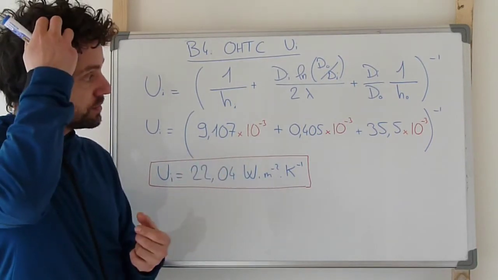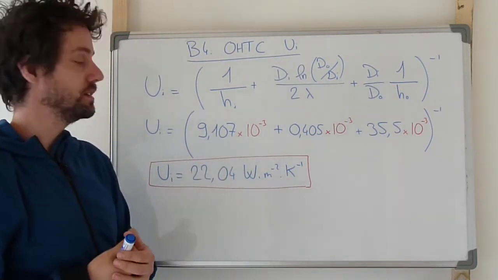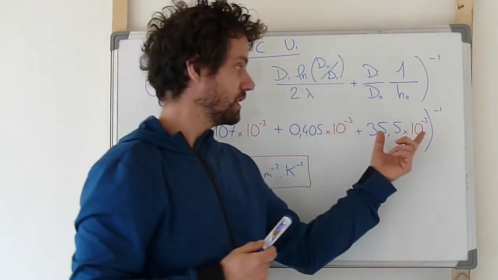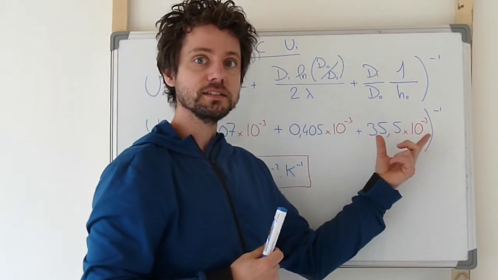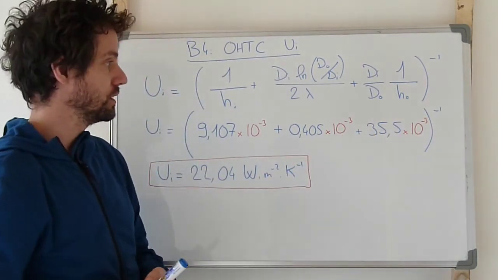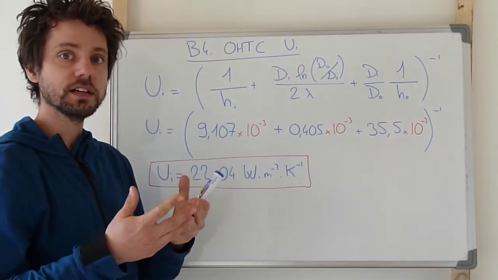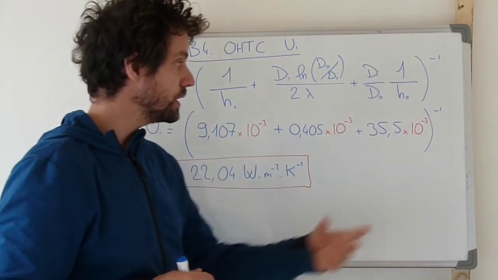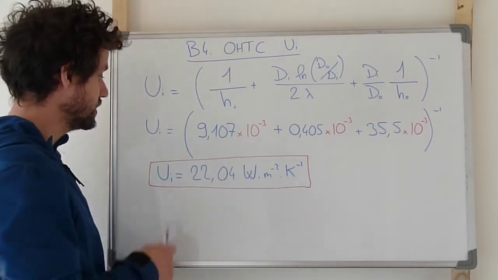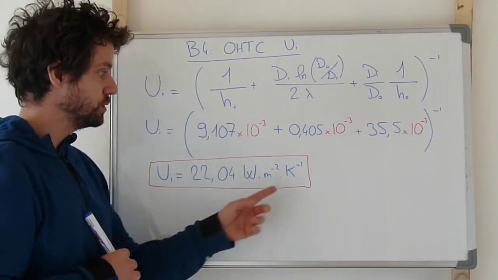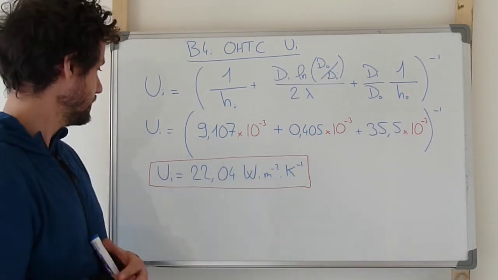So if we want to improve this heat exchanger, we really need to work on the outer side, decreasing this heat transfer resistance on the heat exchange side with the gas and not with the liquid. And so finally, when we do the calculation, we find 22.04 watts per square meter Kelvin.